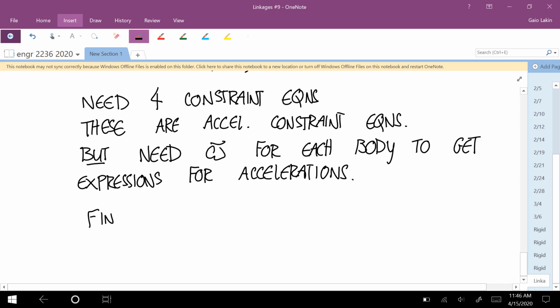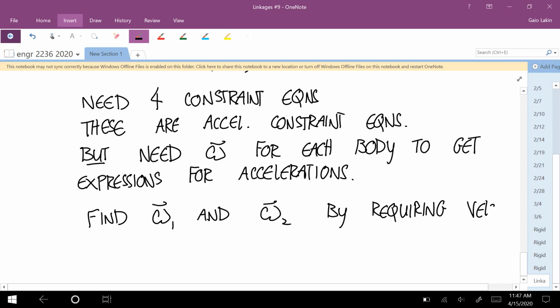Okay, so we want to find omega for 1 and omega for 2 by requiring the velocities to match at the joints.